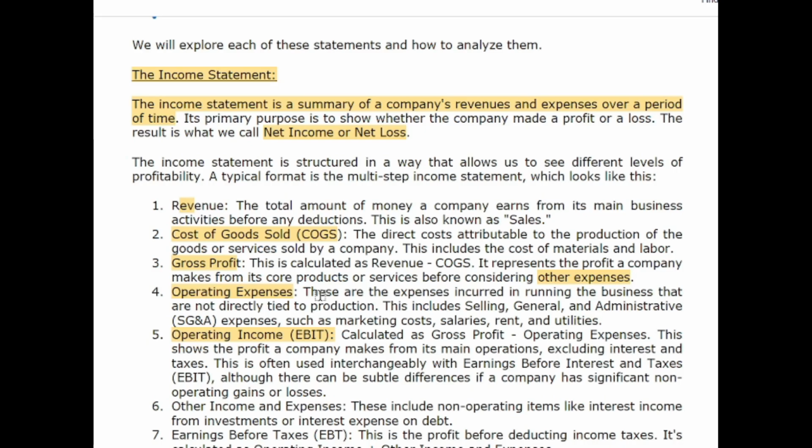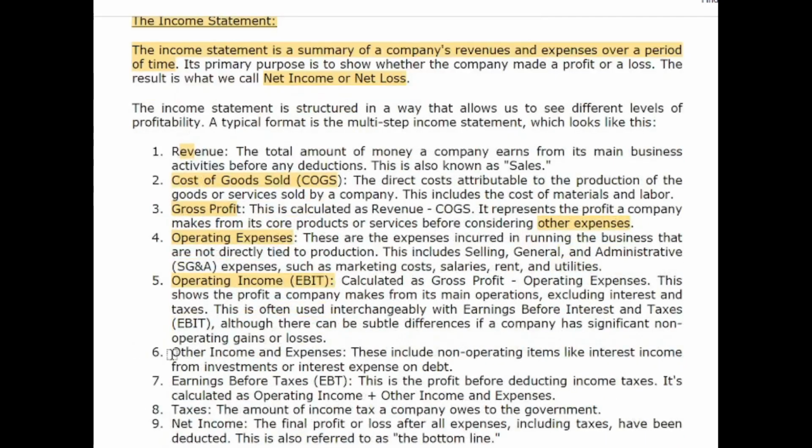We reduce all these operating expenses from the gross profit, or GP, to get the operating income. At this level, we are seeing the operating profit of the company, which is also called EBIT, meaning earnings before interest and tax.